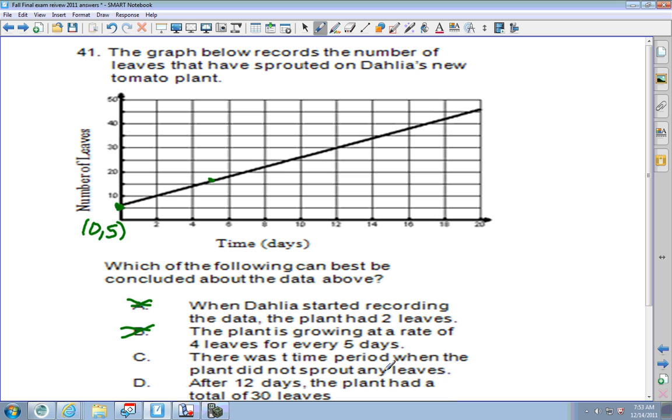There was a time period when the plant did not sprout any leaves. Wait a minute. This is constantly going up at the same rate, so it did always sprout leaves. The next one said, after 12 days, the plant had a total of 30 leaves. So I go to 12, and I'll go up here, and I'll go over, and sure enough, it says 30. My answer is D.